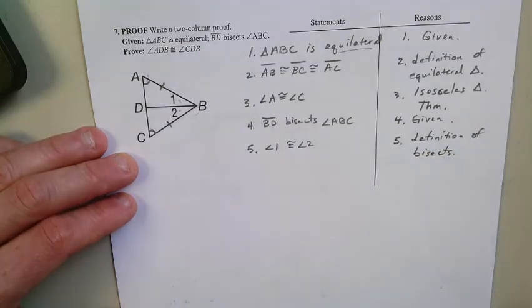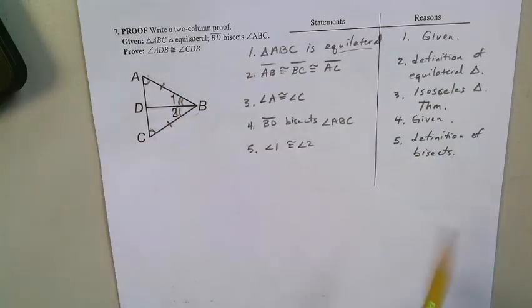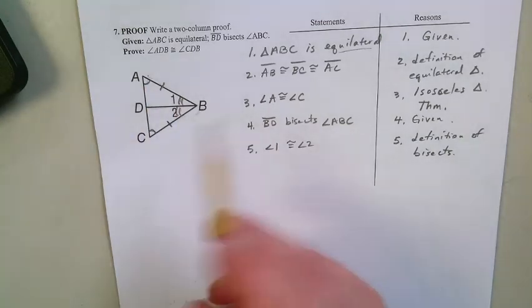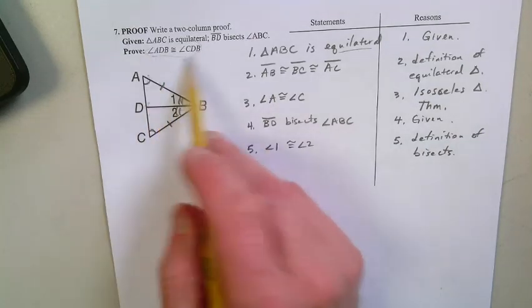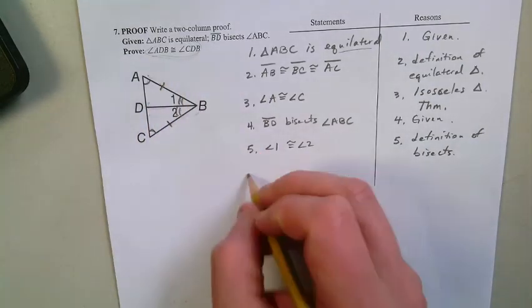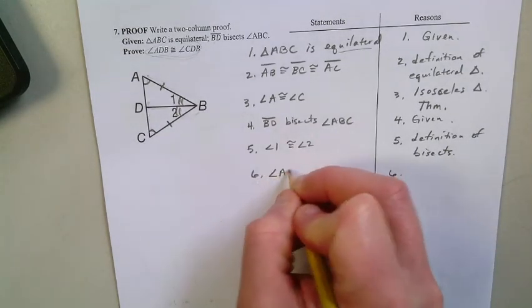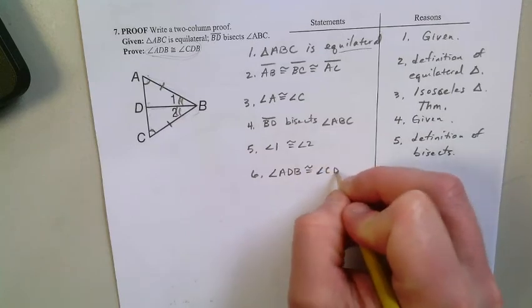Okay. Now, if you think about this for a moment, we don't have to prove the triangles congruent. We do have congruent triangles by angle, side, angle. So you could say angle, side, angle, and then prove these two angles congruent by CPCTC. But I could technically go right to this point and say angle ADB is congruent to angle CDB.